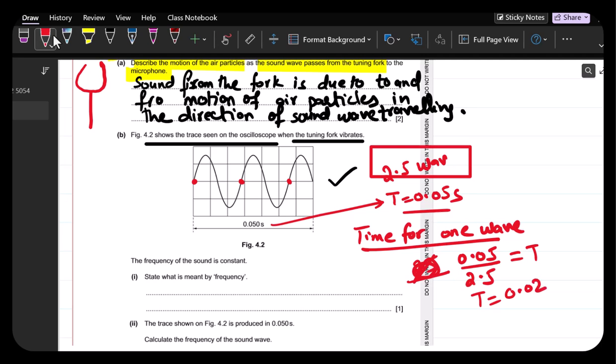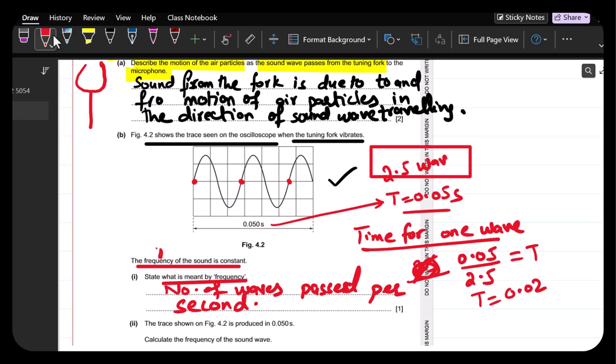So the question is, the frequency of the sound is constant, frequency is not changing. State what is meant by frequency. So frequency is the number of waves, or you can say oscillations, vibrations, passed per second.